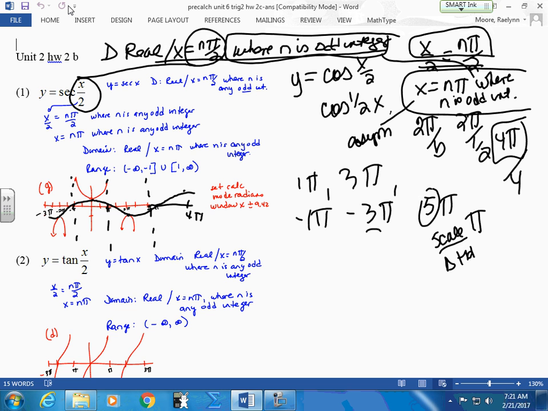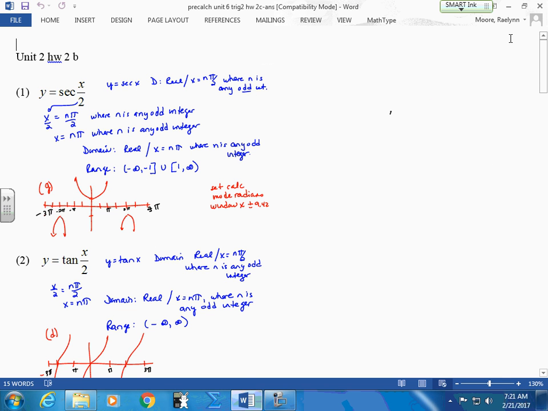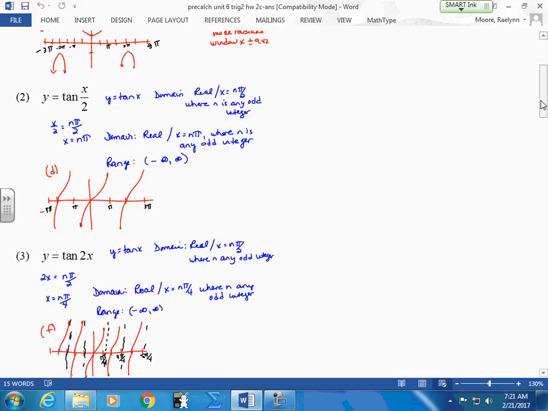Okay, tangent. The tangent says, give me half of my curve in, not in 2 pi, in pi. Your tangent cycle is pi. Remember we did that last week, Friday?